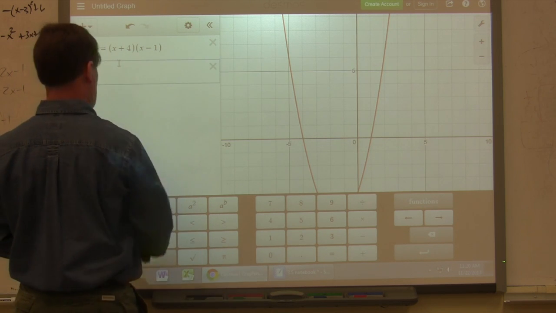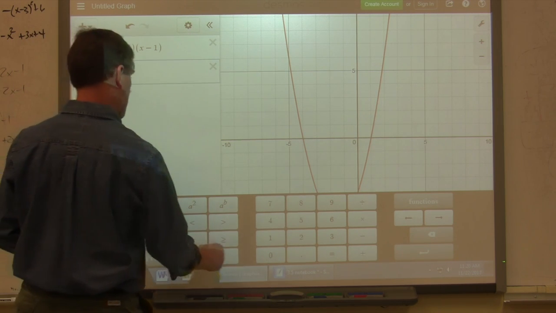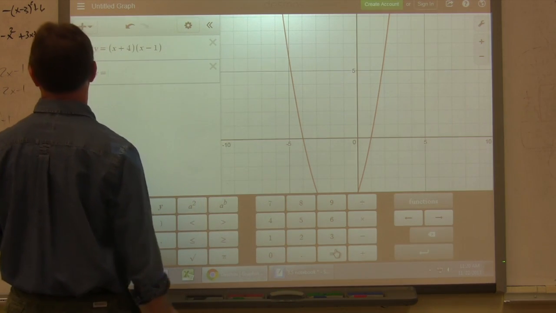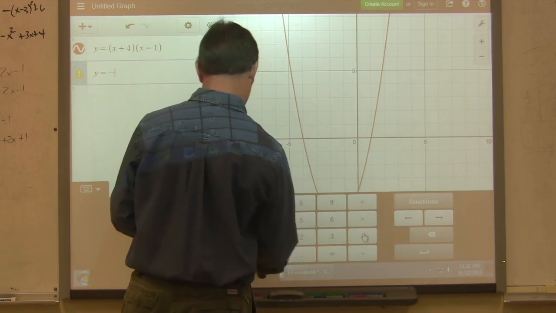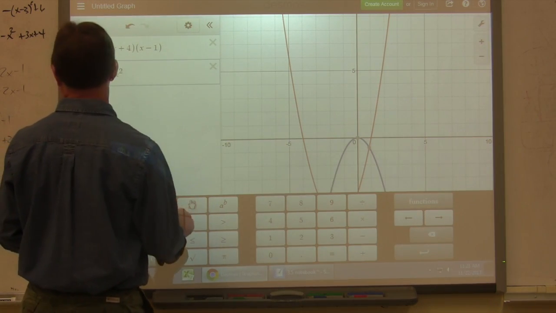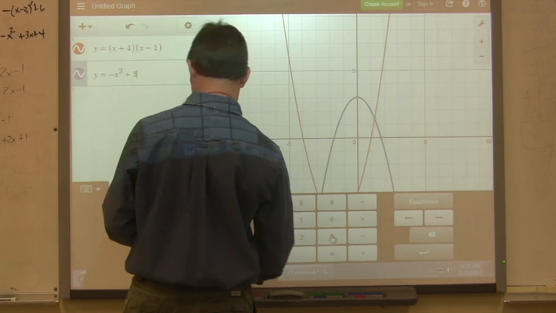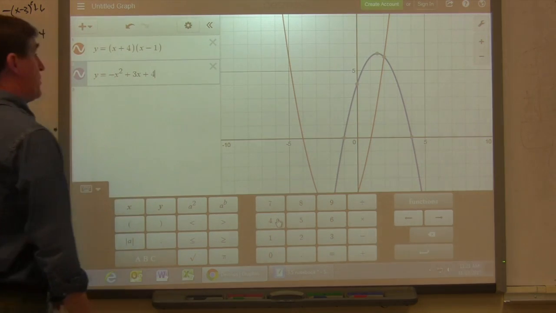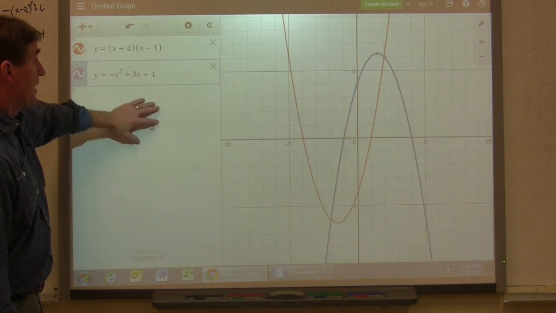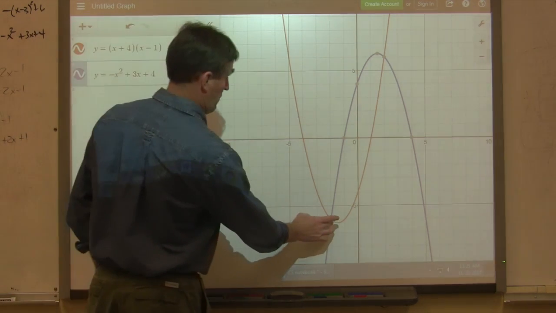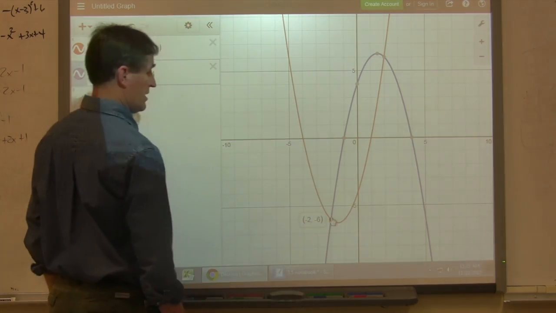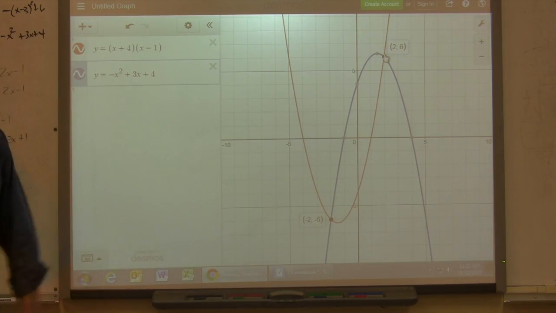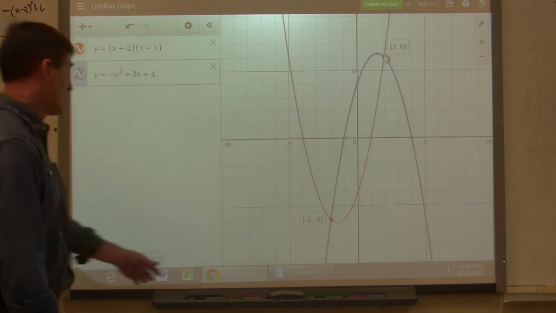And then our second equation, the right side of the equation, is going to be y equals negative x squared plus 3x plus 4. So we put those in. We get our two equations. We find the intersection points, negative 2, negative 6, and 2, 6, and you're done. So that's all you have to do on those.